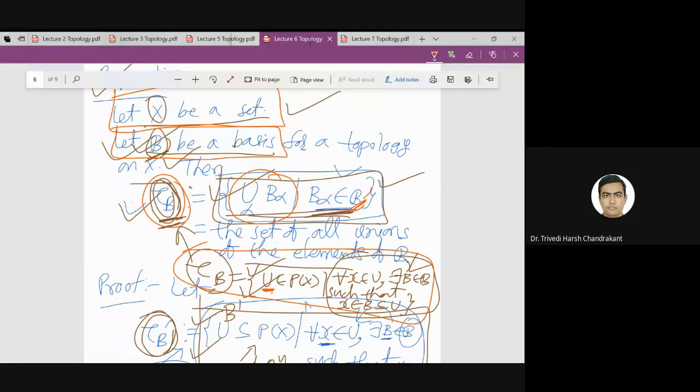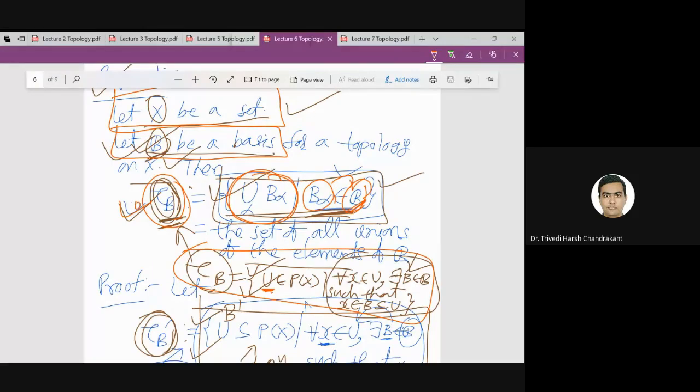So if I know what the basis is, that means I know all the elements of this family B, then if I take all the unions of those sets, I will get this topology.